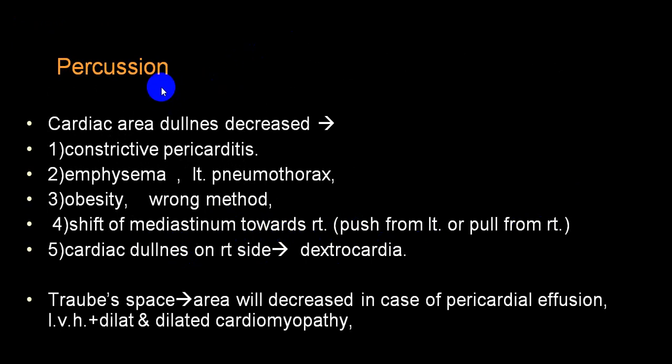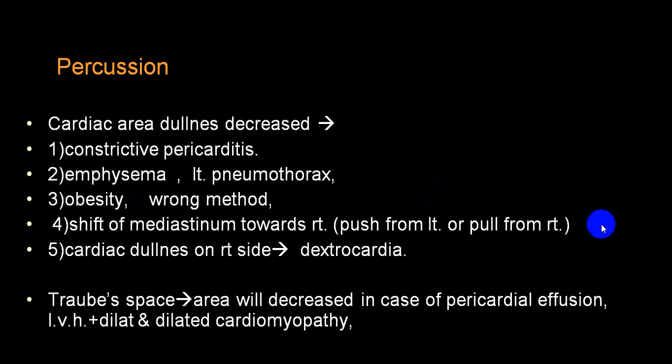So cardiac dullness may be reduced because of constrictive pericarditis. It may be overlapped by an emphysematous chest, or left side pneumothorax. You will not be able to demonstrate the cardiac dullness very clearly in case of obesity, or if your technique is wrong and you are not able to demonstrate properly, or if the mediastinum is grossly shifted to the right side.